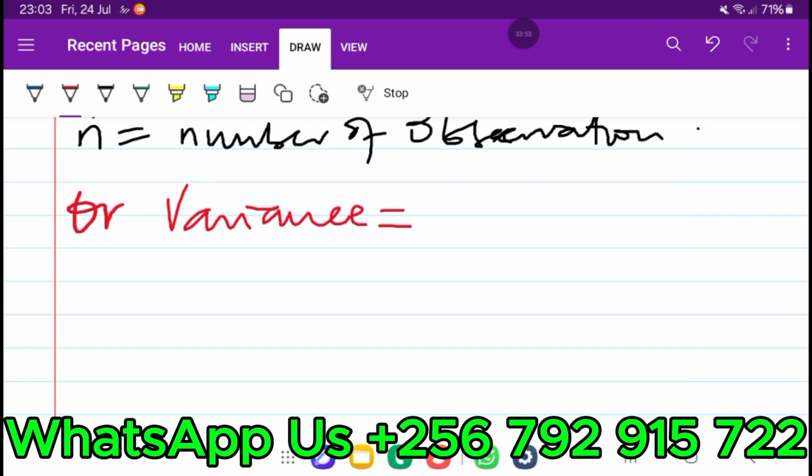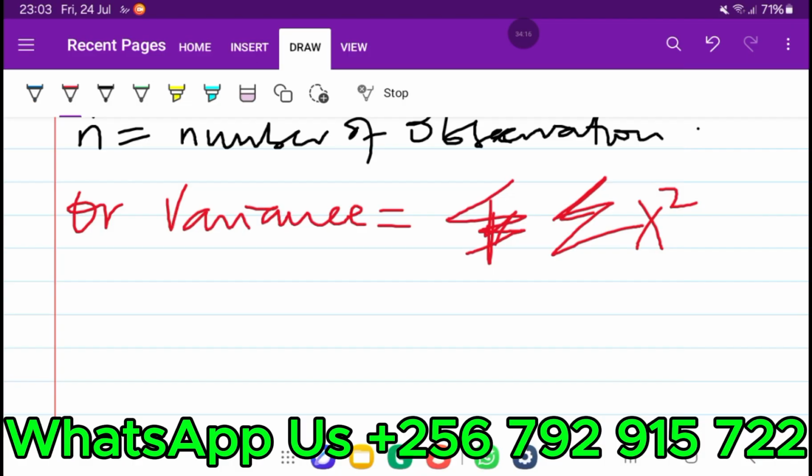is equal to summation x squared over n minus summation x over n, bracket squared.